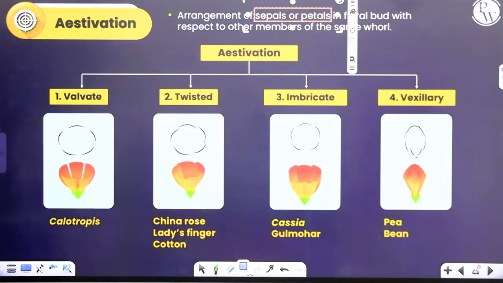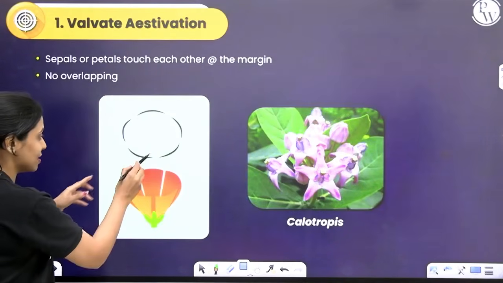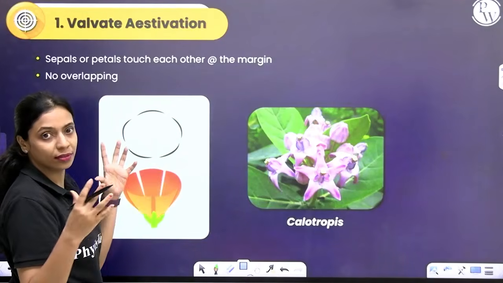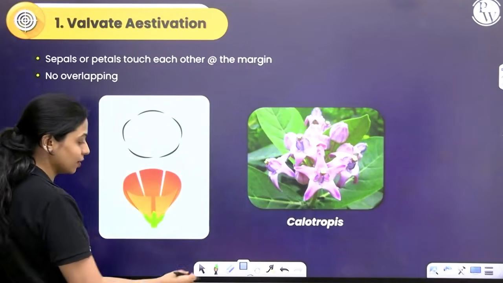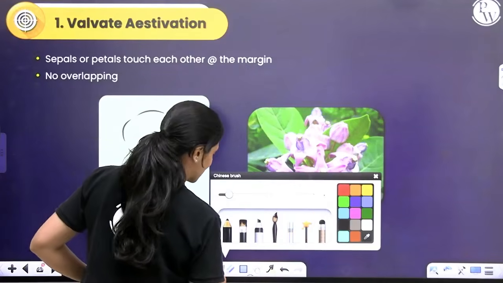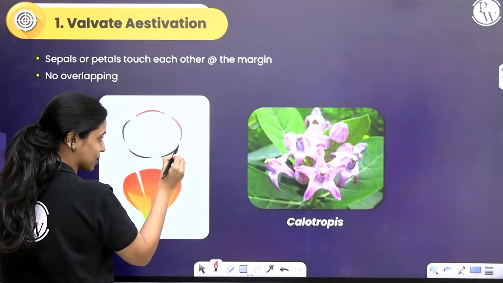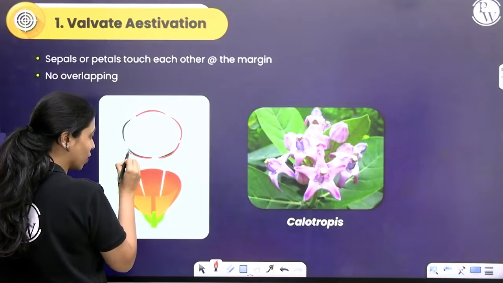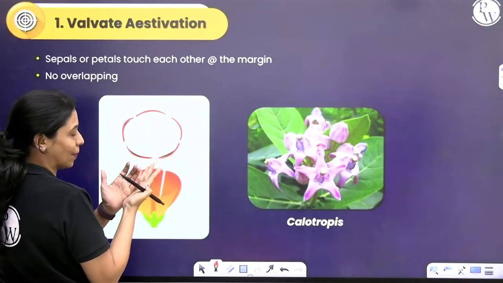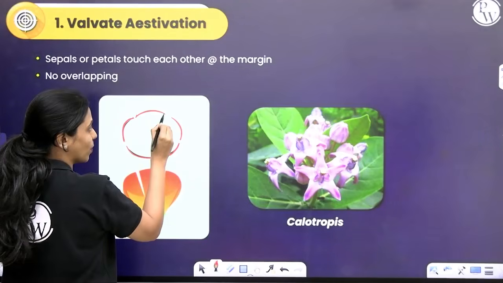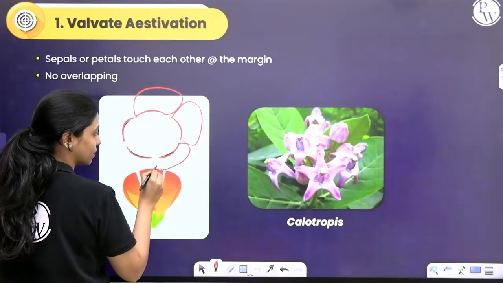In valvate aestivation, you can see how the petals are not fused. They are not overlapping each other. They are barely touching each other at the margin. What you're looking at here is the representation of petals. Okay, each one is a petal or sepal here. As you can see, at the margin, there is no overlapping. They probably barely just touch each other at the margin like that.